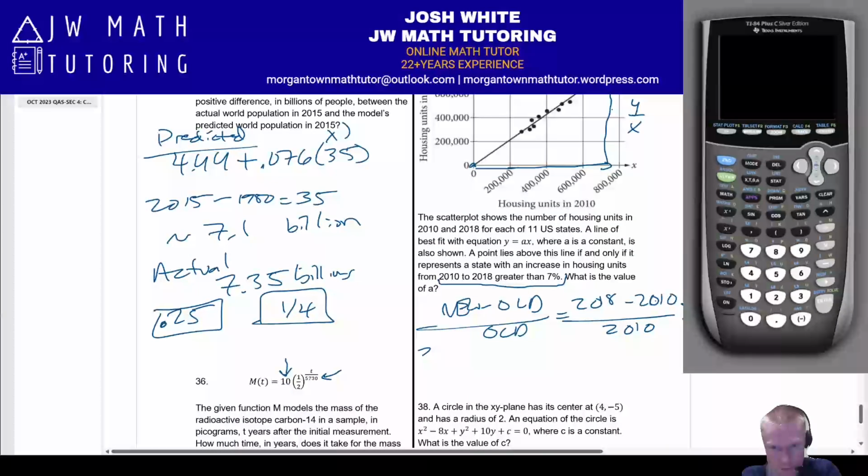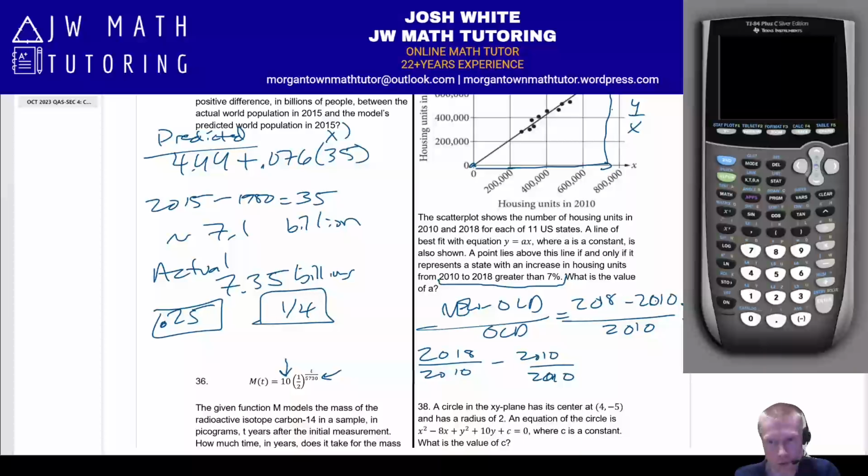If you split this up into two parts, you get the 2018 over the 2010 minus the 2010 over 2010. And again, that's greater than the 7%, or since I'm ignoring the 100%, I'll just turn it into a decimal, 0.07.